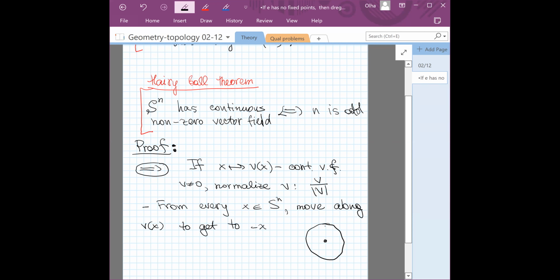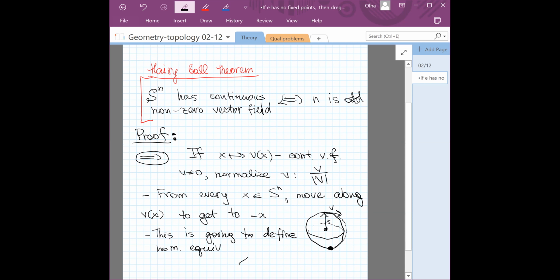You can write this formally, but there's the vector x, there's v of x, and we're just going this way. And this is going to define a homotopy between the identity and negative identity.